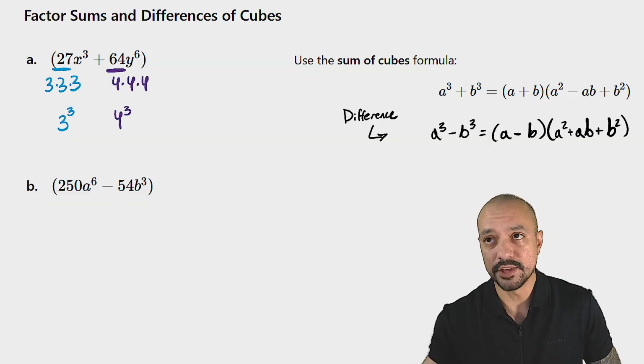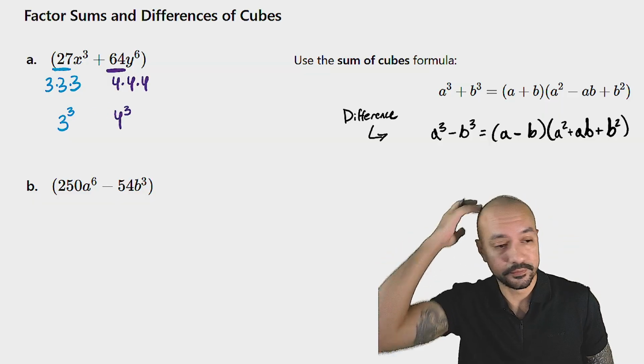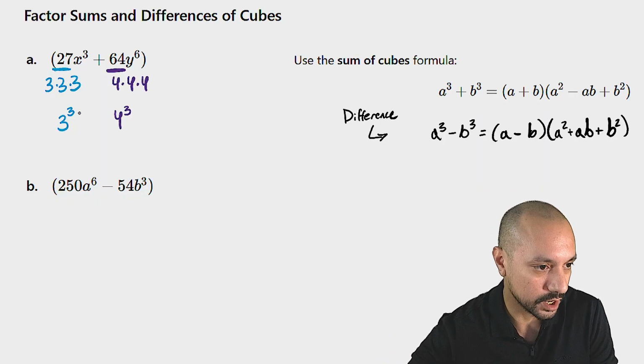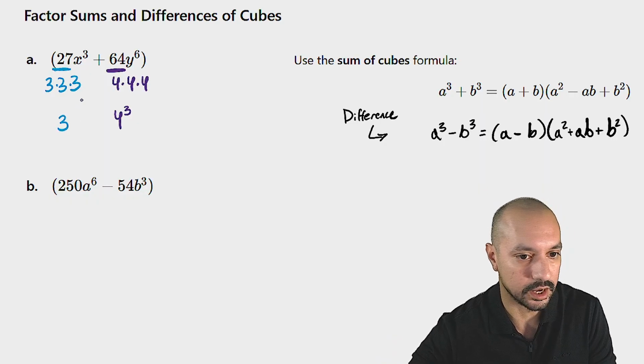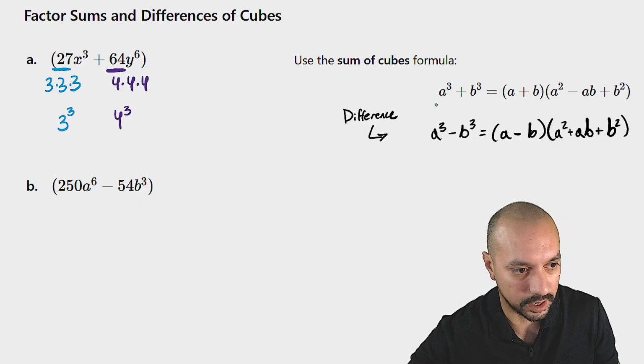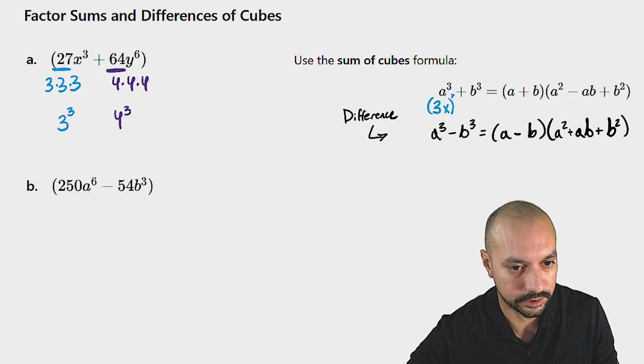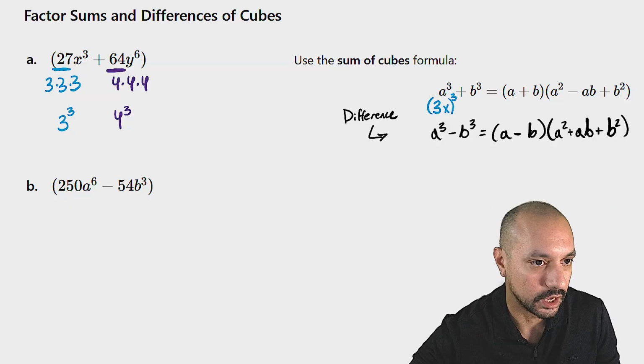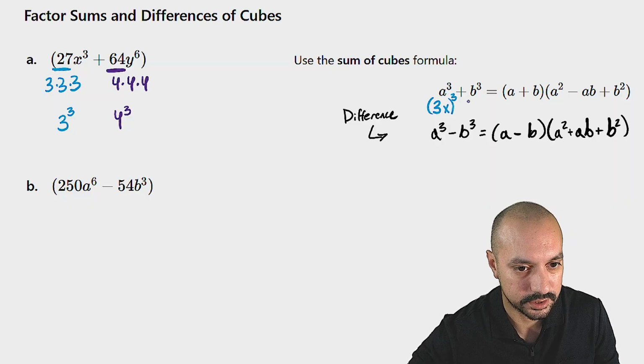So anything to the third power is a cube. So what I can do is if you look over here at our formula, we have 3 times x to the third power, as well as 4 times y squared to the third power.